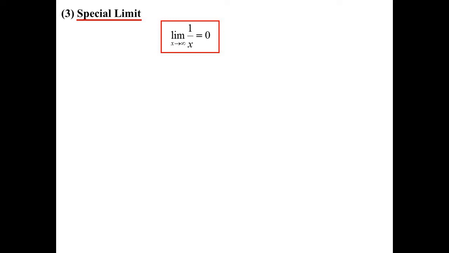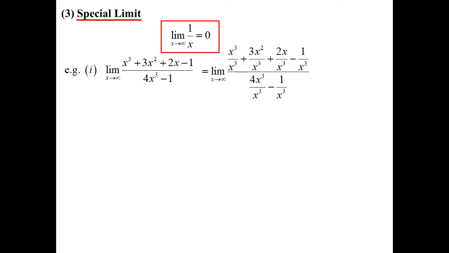Now using this allows us to investigate something like this. The limit as x approaches infinity of x cubed plus 3x squared plus 2x minus 1 over 4x cubed minus 1. What we do is we divide everything by the highest power. The highest power there is x cubed. Now why do that? Well, we've got a lot of cancelling that now happens. The x cubed on the x cubed becomes 1, of course, but then we get 3 on x, 2 on x squared, and so on.